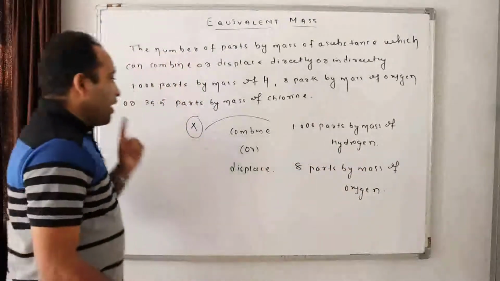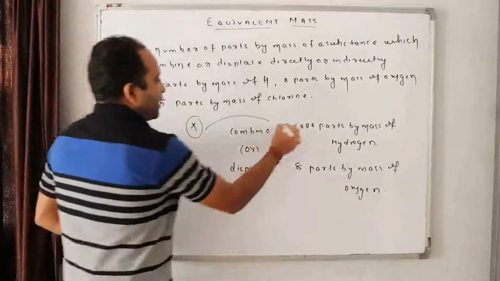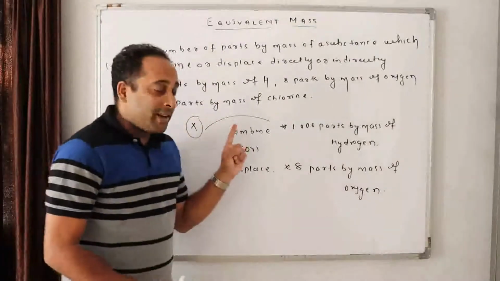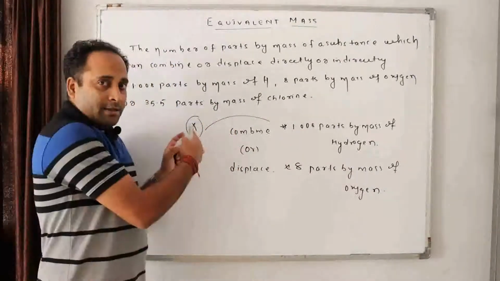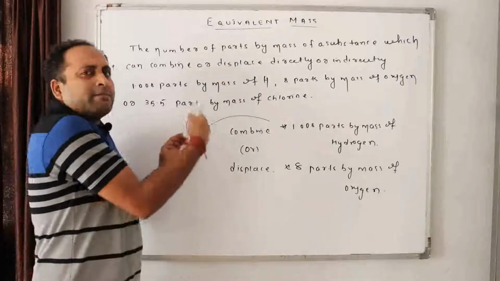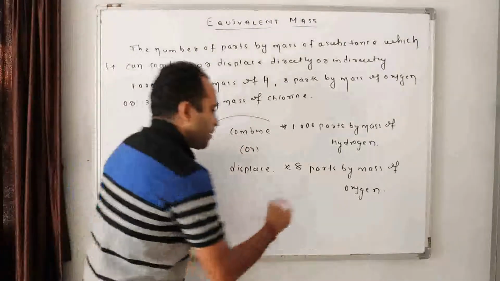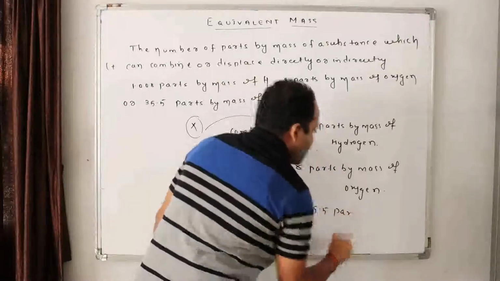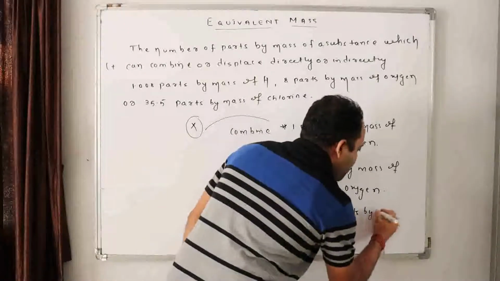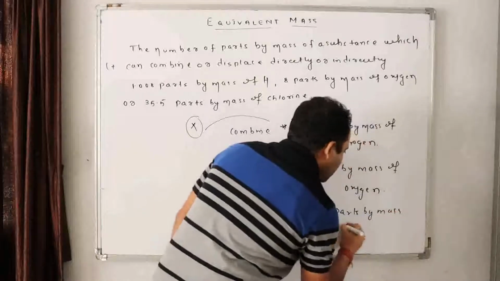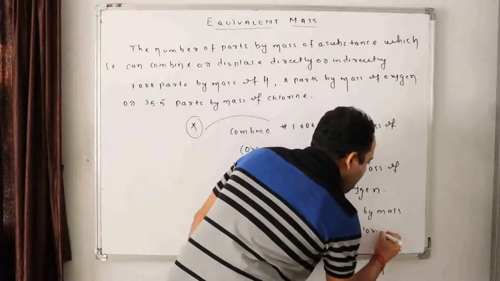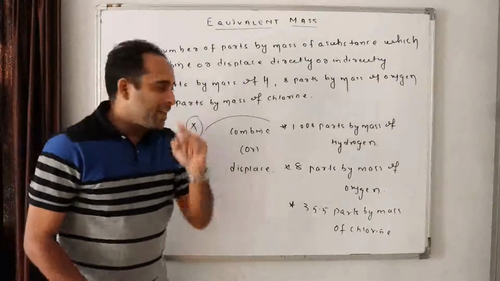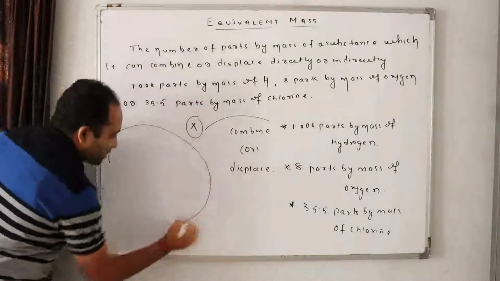Or else we can also say that the equivalent mass of a substance X is the mass, for example X grams, that combines with 35.5 parts by mass of chlorine. Then the equivalent mass is X gram.